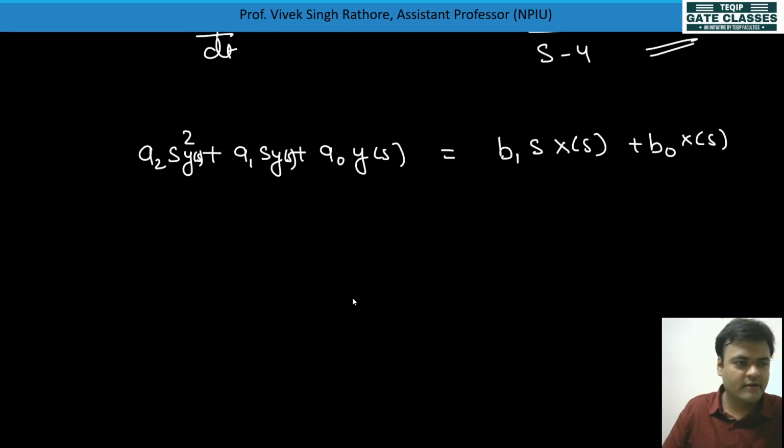It is overall linear, because no constant terms are there, and it is a time invariant system, because there is no multiplication of x into y or y square or something like that.